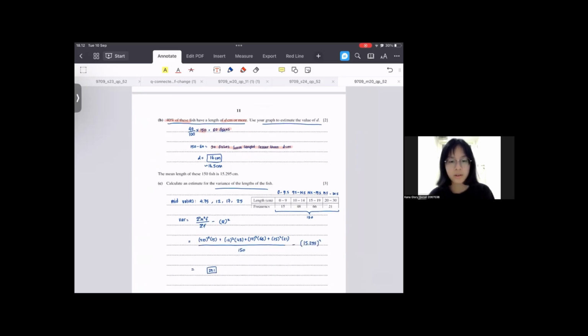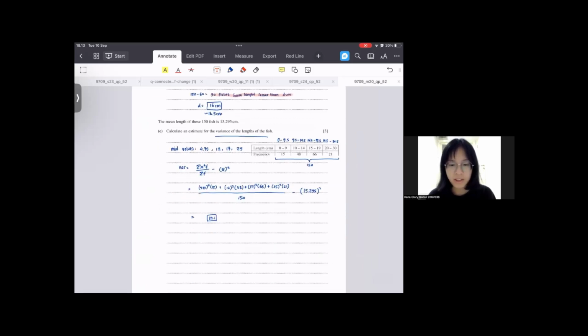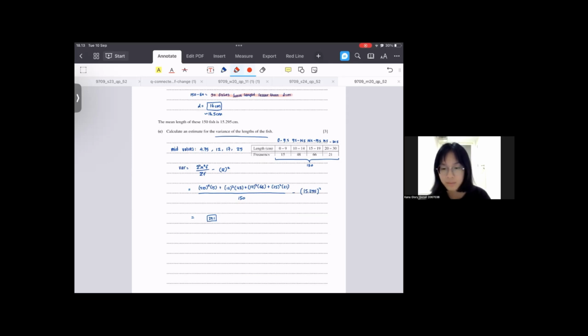Okay, next question. The mean length of these 150 fish is 15.295 cm. Calculate an estimate for the variance of the lengths of the fish. What we can do here is first find the mid values. From the table given to us just now, we can find the mid values from the class widths.